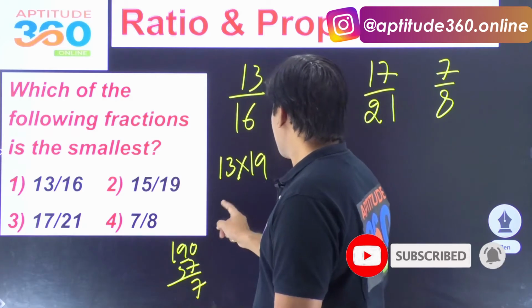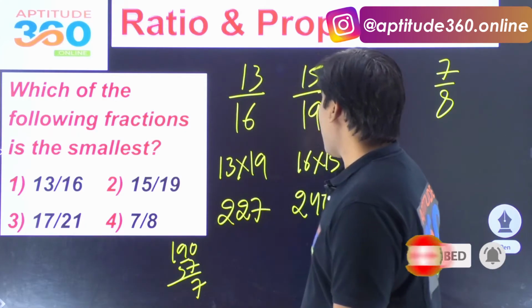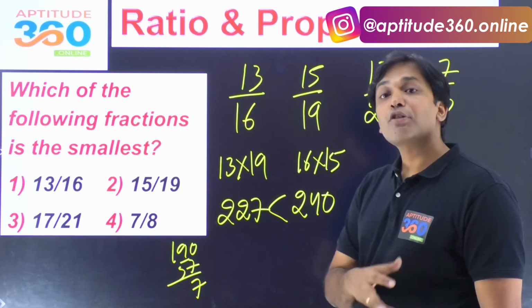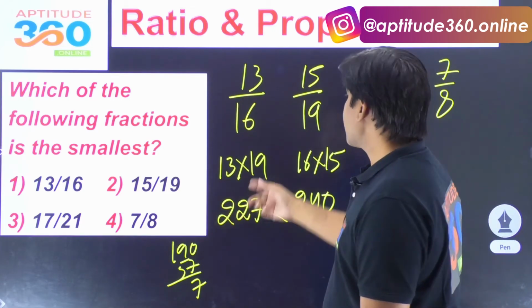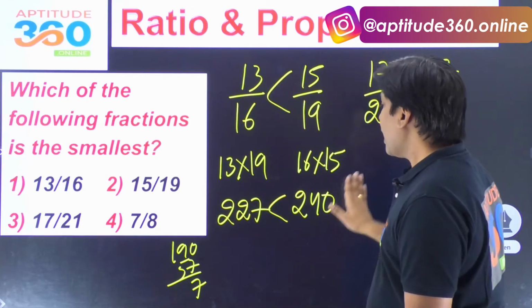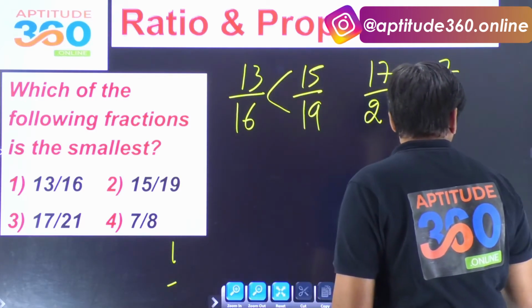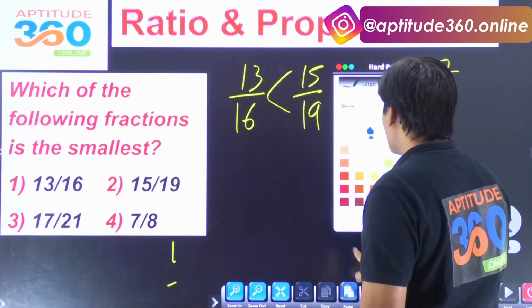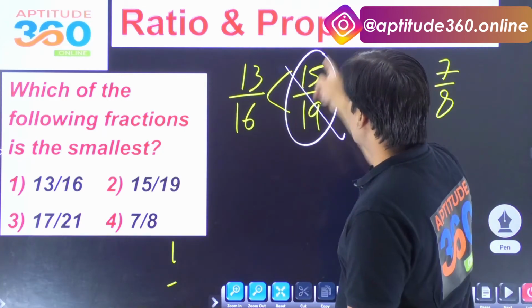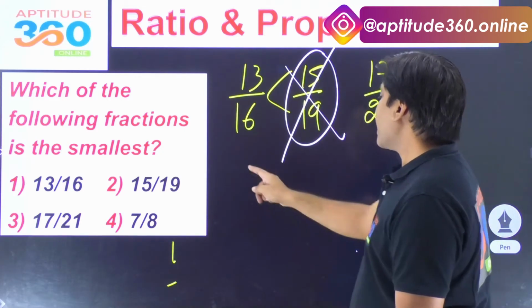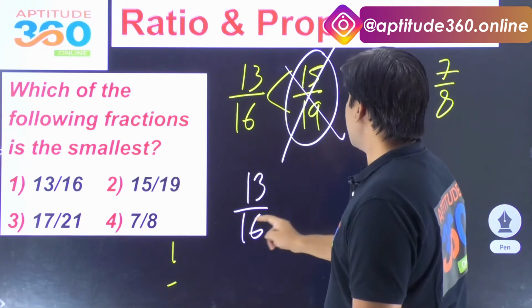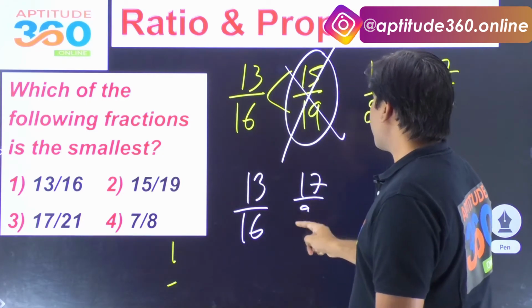This is 227, and because 240 is bigger than 227, ये वाली वैल्यू हो गई बड़ी. अब आपके पास ये जो भी वैल्यू बड़ी हो गई, इसको तो आप डिस्कार्ड ही कर दो. क्यों डिस्कार्ड कर दो? क्योंकि आपको तो चाहिए सबसे छोटी वाली वैल्यू. सो ये वाली वैल्यू तो मैंने क्या कर दी? डिस्कार्ड कर दी. अब मैं कंपेयर करूंगा 13, 16 एंड 17 by 21, इन दोनों वैल्यूज को.